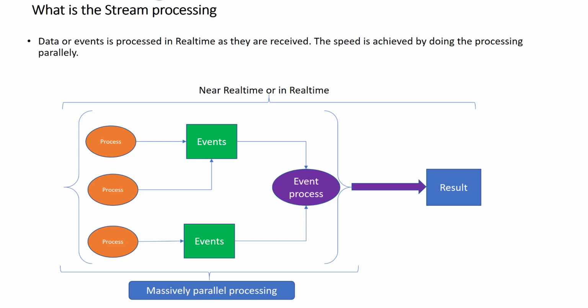That's why you're able to get fast processing, and we call it near real time or real time. For example, if you're running telemetry on some sort of appliance or device, or for things like traffic flow management or real-time traffic flow analysis, we'll be using stream processing.